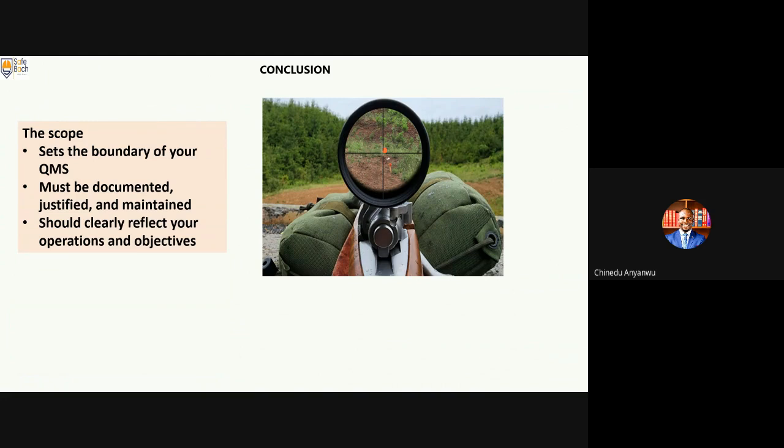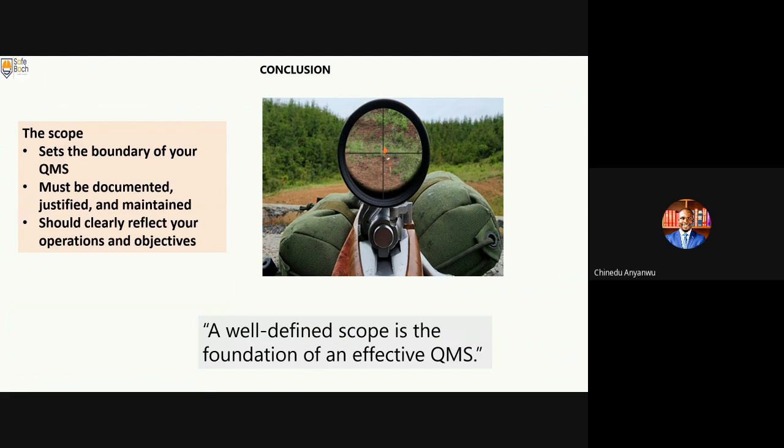It states what you do, how you do it, and where you are. It also defines what operations are covered in your management system. And you must know that your scope must be documented and it must reflect your operations and objectives. Now, my last words are this: a well defined scope is the foundation of an effective QMS.